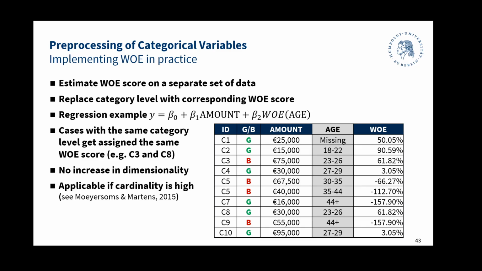So variables with many levels, like zip codes, for example. Zip code is a category. And think about how many zip codes you have in Germany, for instance, or elsewhere. Then using a dummy coding for a variable zip code would be infeasible, and just using a vanilla weight of evidence transformation is probably not the best idea, but it's a workable approach. So it's quite nice to be aware of that.